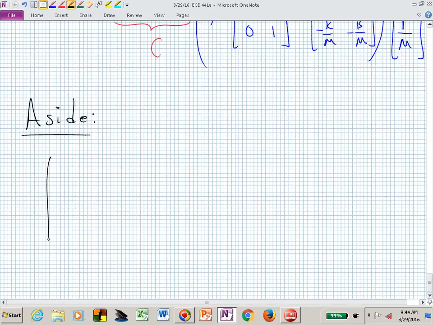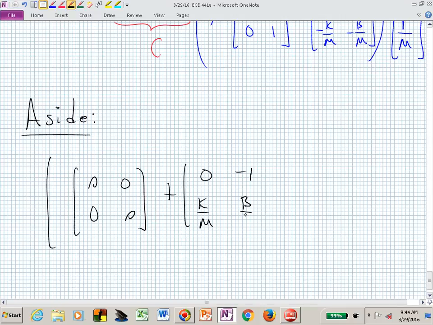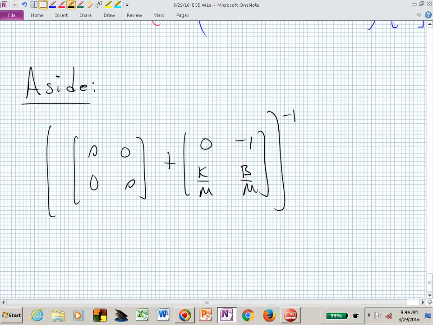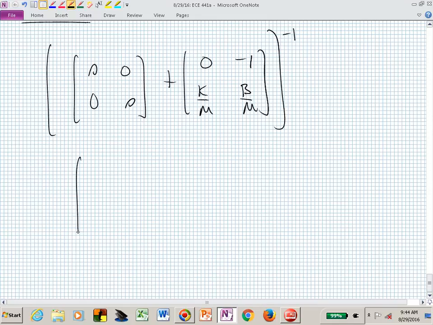Let's look at finding SI minus A, and now let me scale that identity matrix with the scalar S. It's now S 0, 0 S, and if I push that negative sign through my A matrix, I now have 0 minus 1, K over M, B over M, and I want to invert that expression. And if I combine those two matrices, I now have S minus 1, K over M, S plus B over M, and I want to invert that.